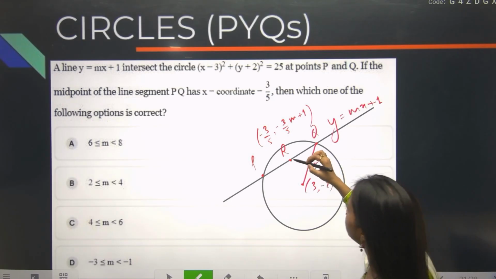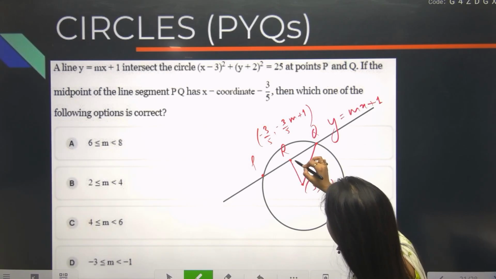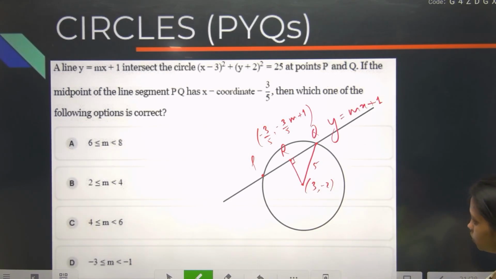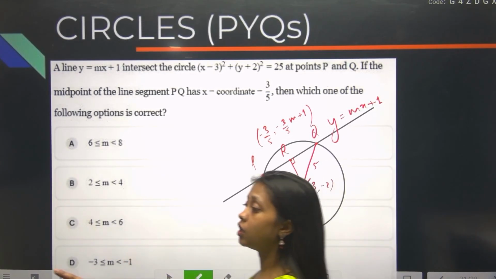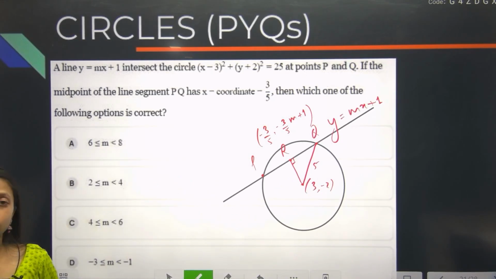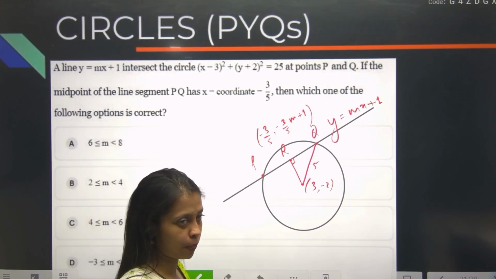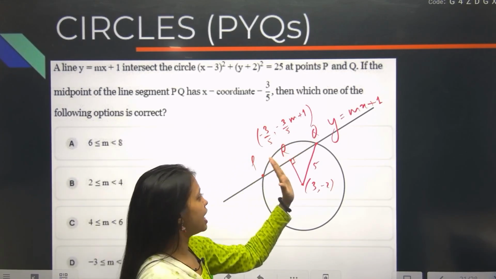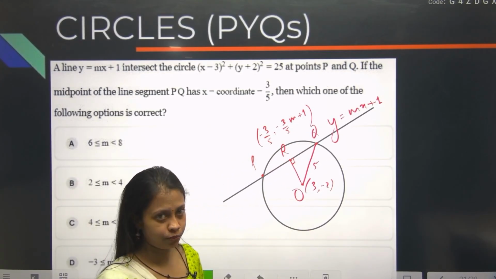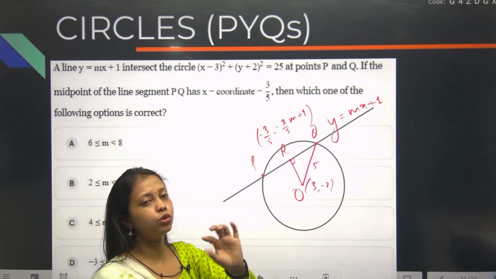Again the same. This is the midpoint, that means this is 90 degrees. Okay, 90 degrees means what? It means the relationship between the slopes: PQ line and this line RO are perpendicular. Relation between their slopes is M1 M2 equals minus 1.